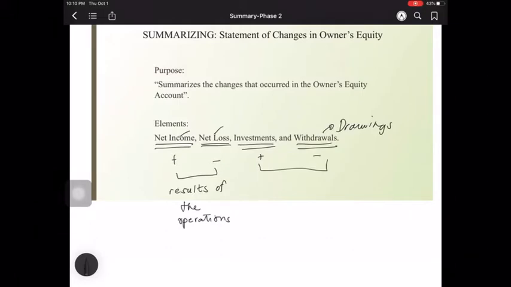Your drawings would have the effect of decreasing the balance of our owner's equity account. These two are contingent to the acts of the owner or owners of the business.